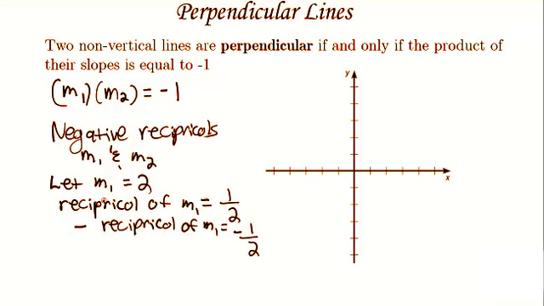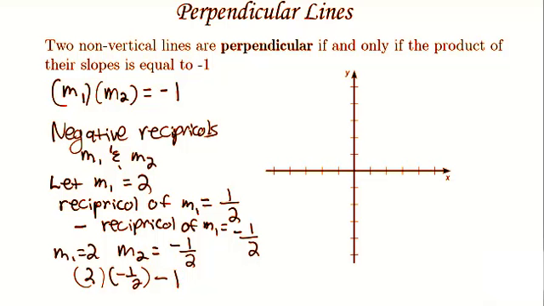Therefore, for M1 and M2 to be perpendicular, if M1 equals 2 and the other line has a slope M2 that equals the negative reciprocal, then when I multiply these two out, I am in fact going to get negative 1.